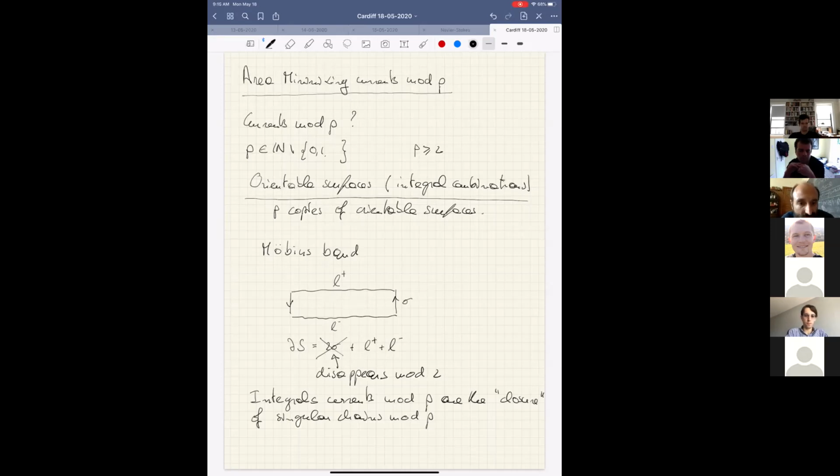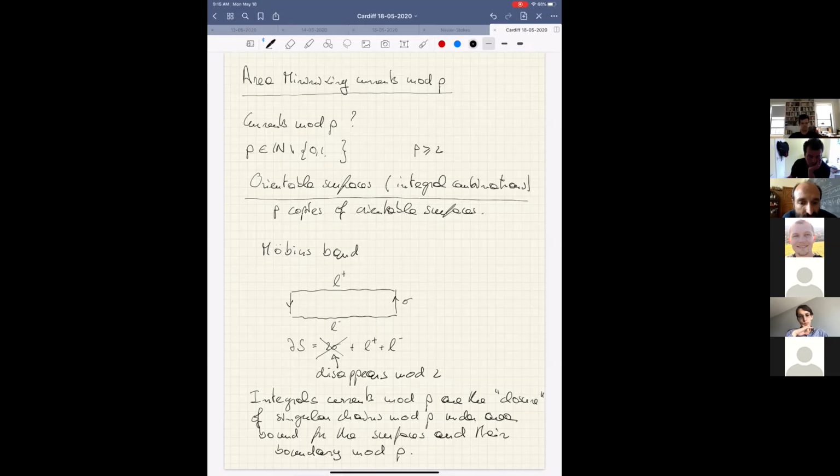So it's the closure of singular chains mod P under area bound for the surfaces and their boundary mod P. So what do I mean by this?